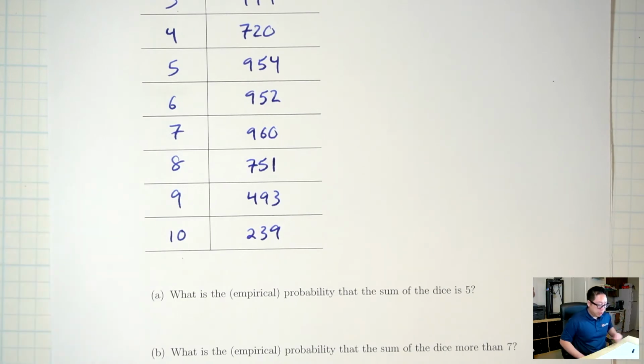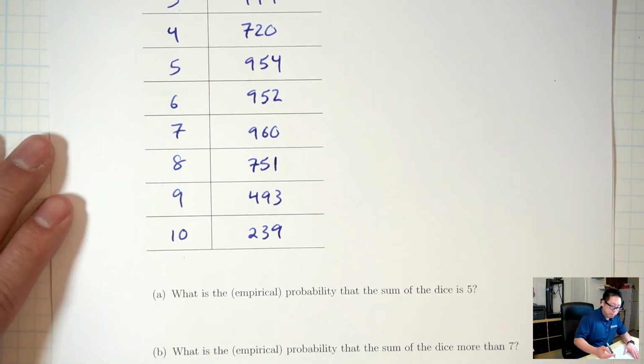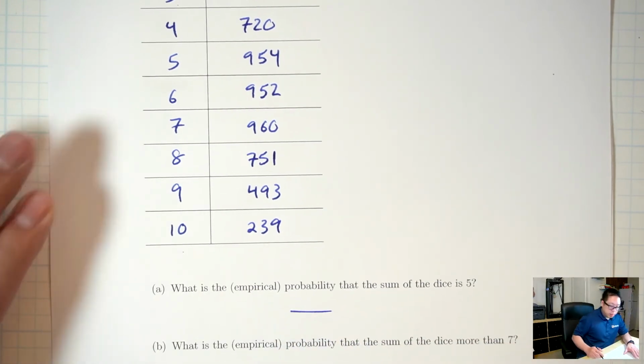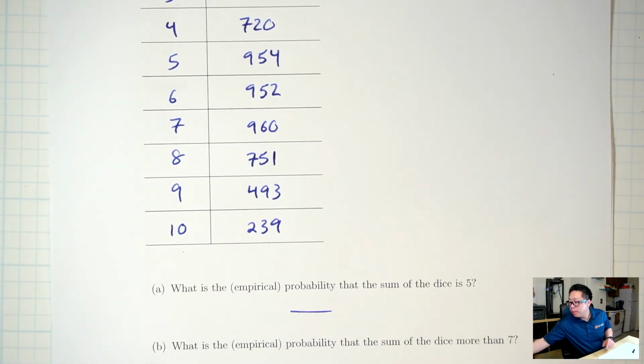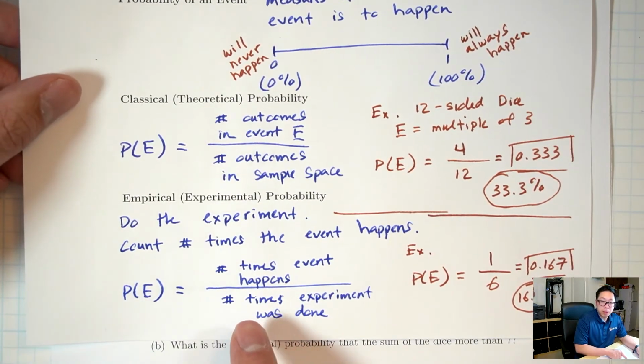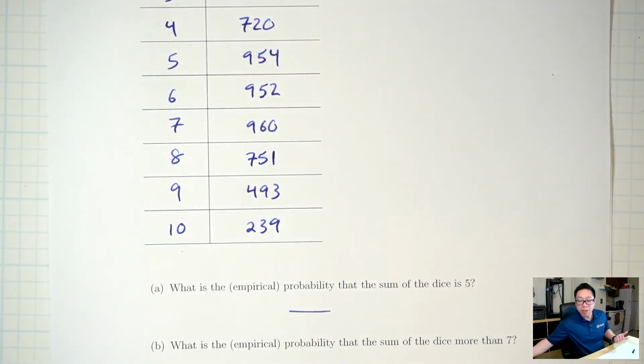Now, part A. What's the empirical probability that the sum of the dice is 5? For empirical probability, on the bottom, you put the number of times you did the experiment. So the number of times I rolled dice. How many times did I roll dice total?